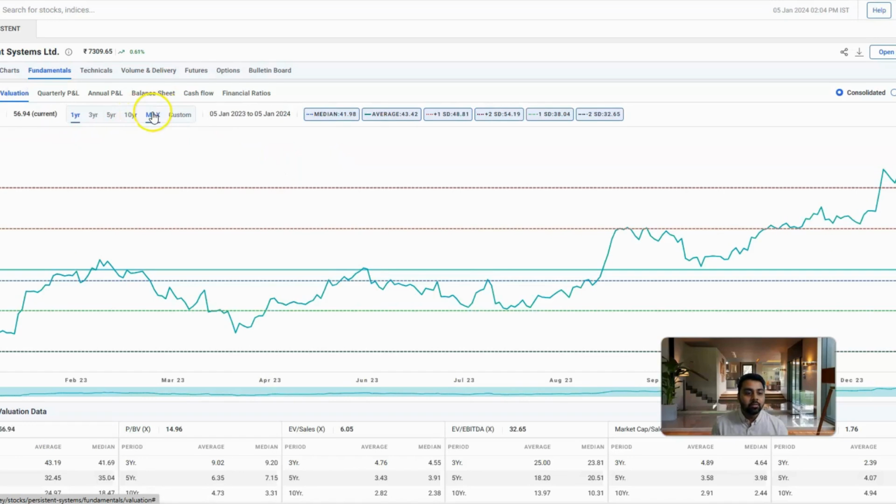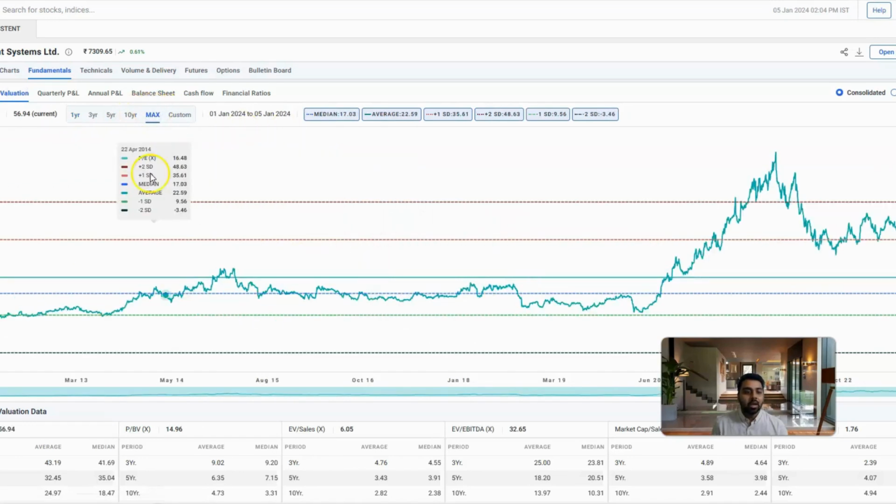When I go to max and see the valuations specifically for Persistent Systems, this is an IT company, so typically one may value it based on the PE. You can see that there has been a dramatic change after 2020. The PE earlier used to be in the range of around 15 to 17, but now it is sustaining higher at around 57 levels.